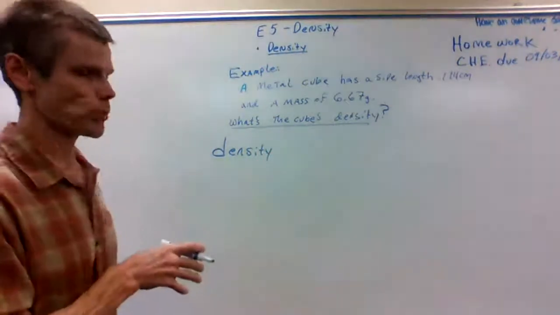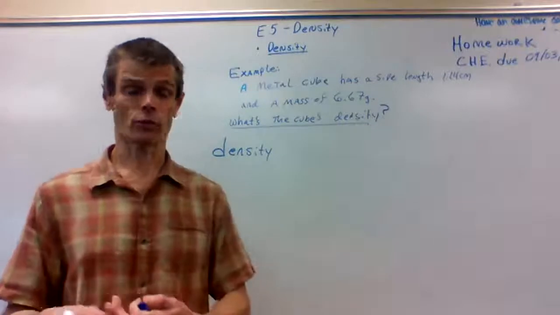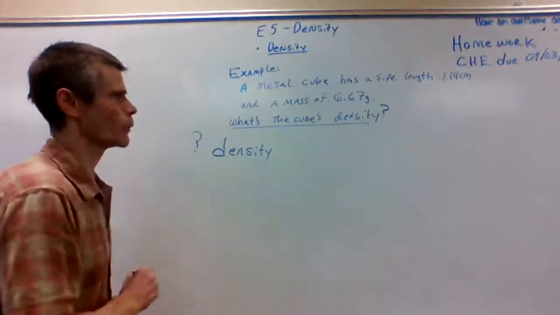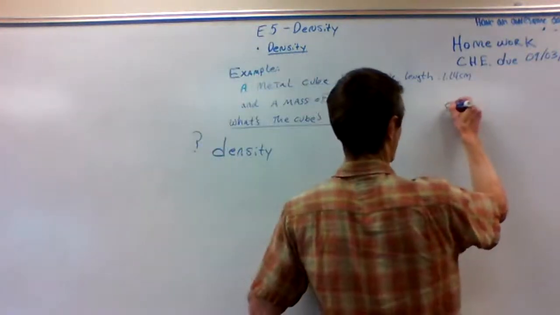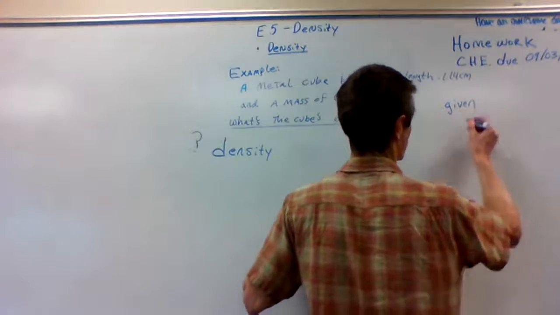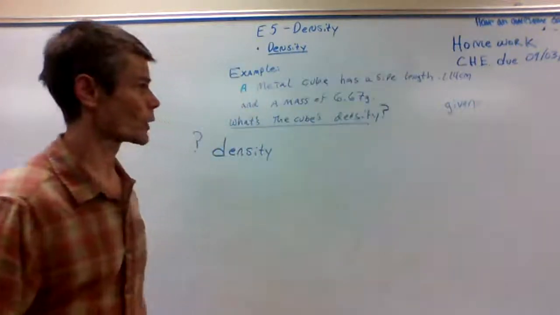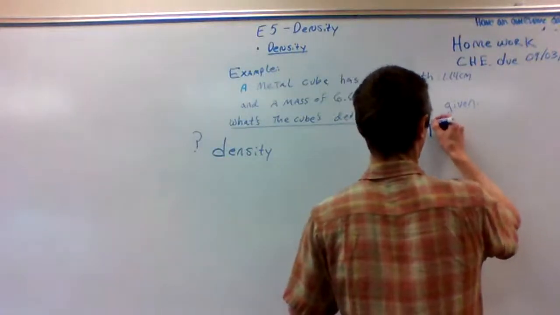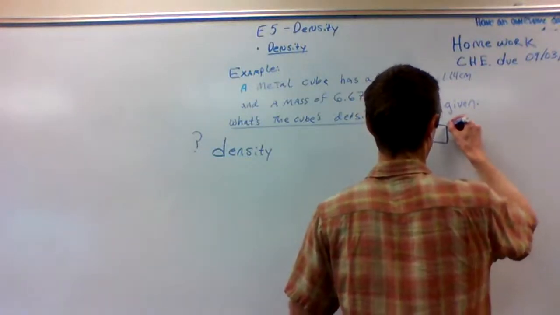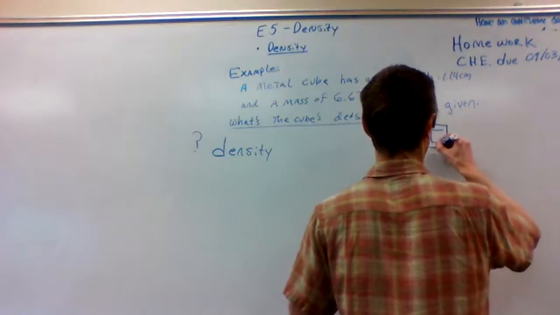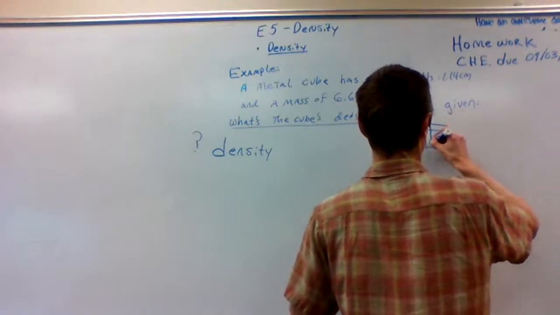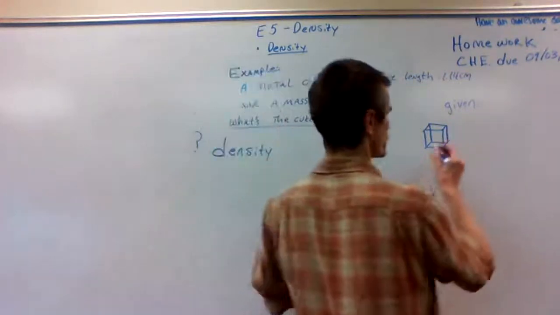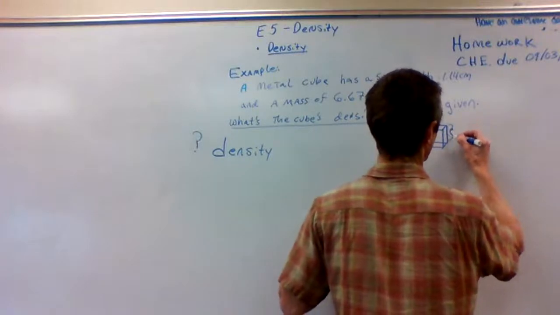When we're starting this problem, let's look at what's given to us. That's what we want: what's the density? Let's put a question mark by it. What's given? We're given that it's a cube. Pictures help. A cube is composed of equal sides, and in this case, equal side lengths.